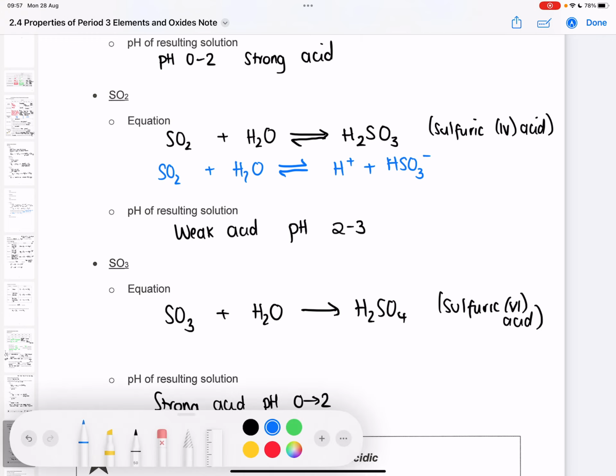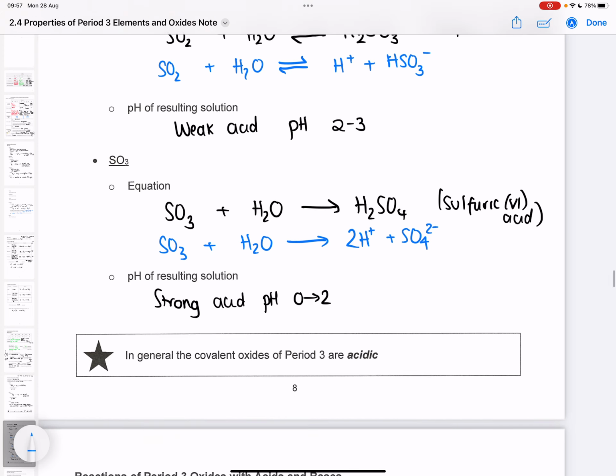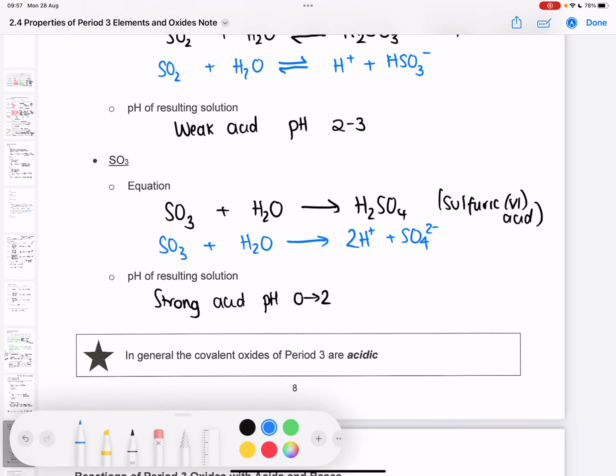If we did an ionic equation for that, SO3 plus H2O, then we're going to get fully ionized. So we're going to get sulfate ions and hydrogen ions. And we can say in general, the covalent oxides are acidic, so we've got protons being donated.